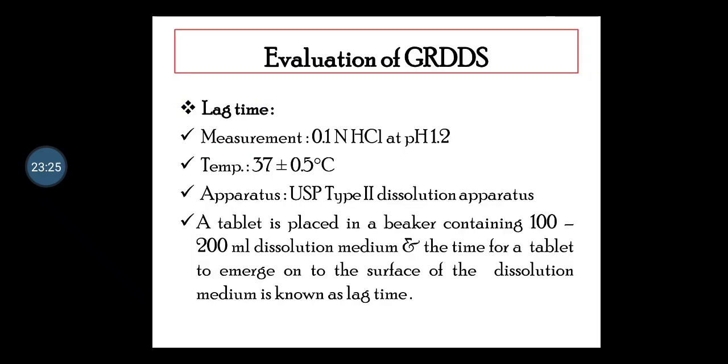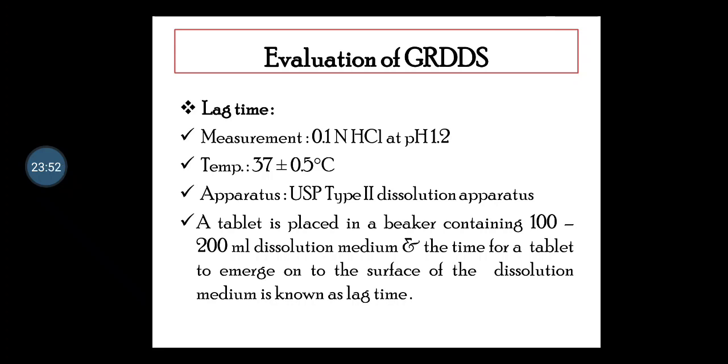Next is your lag time. For that purpose you have to go for the measurement of your drug release by means of your dissolution medium, which is the acidic buffer pH 1.2, that is 0.1 N HCl, and the temperature is maintained at 37 degrees Celsius plus or minus 0.5.